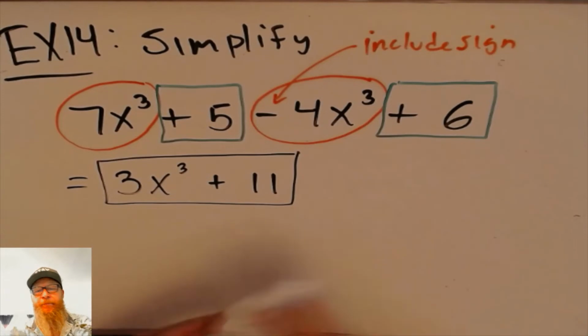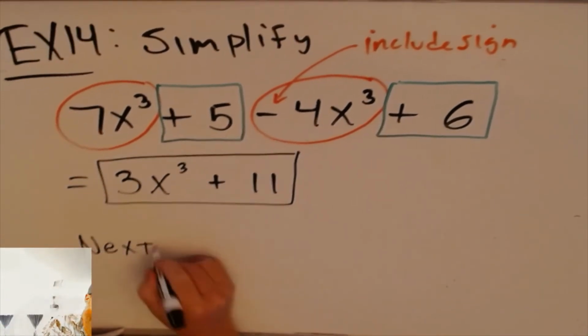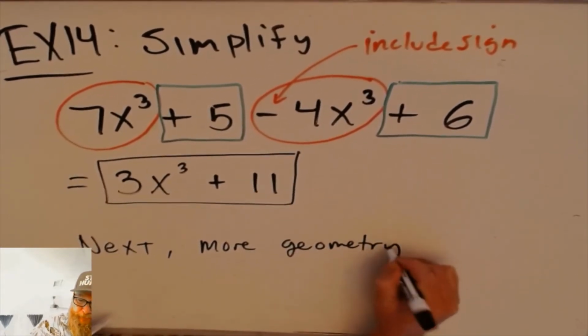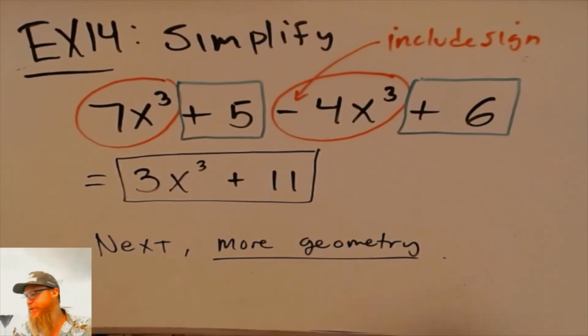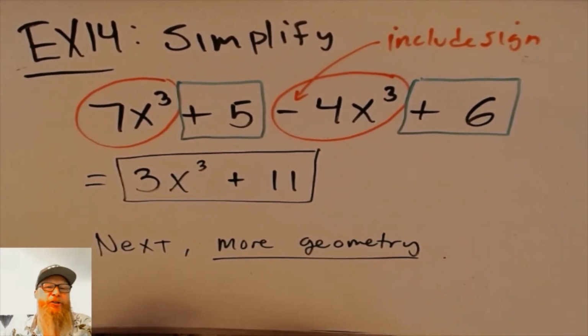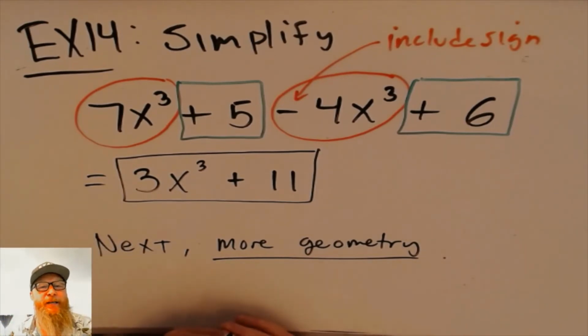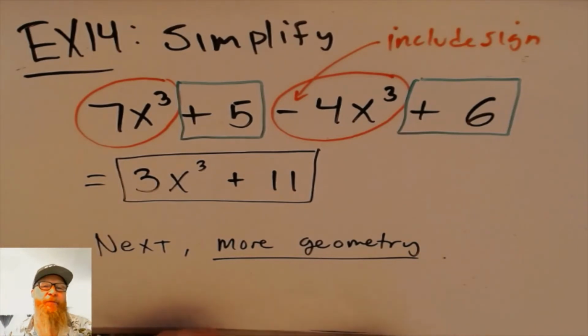Okay, we're going to wrap this up with some geometry. There was a time where we wouldn't do any geometry at all. We would just do a whole bunch of arithmetic and beginning algebra, and then all of a sudden we dump a whole bunch of geometry on top of people.